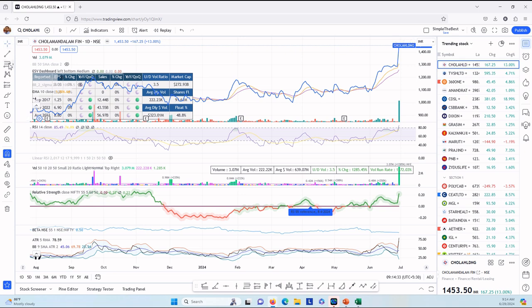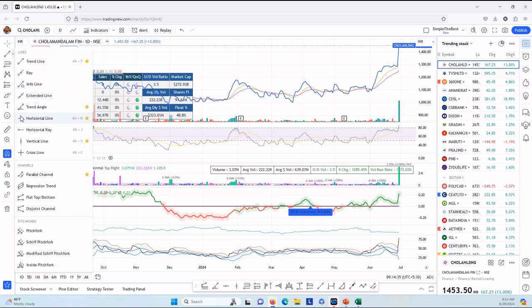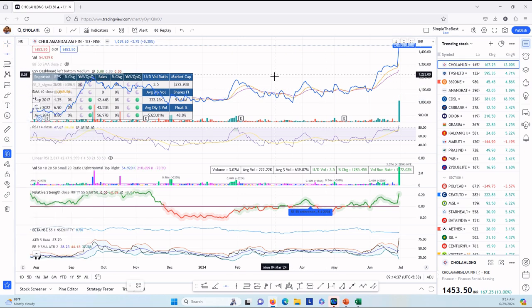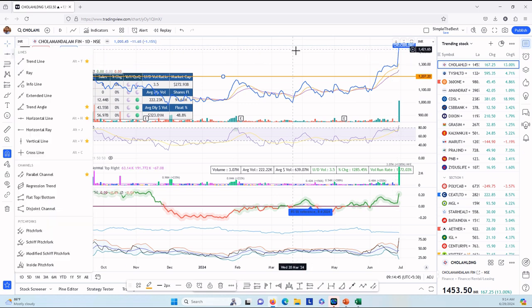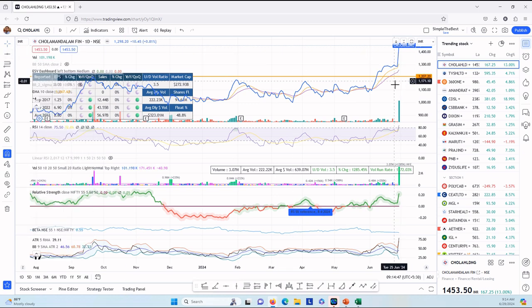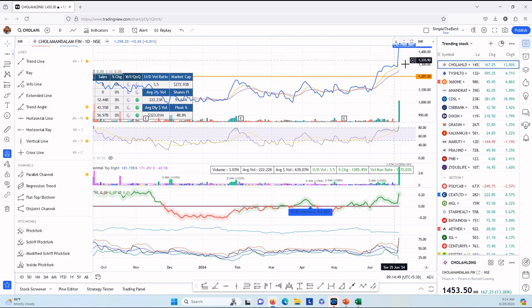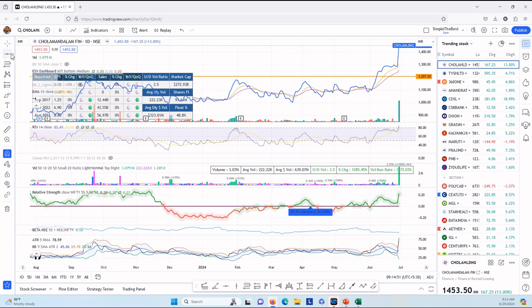This is the breakout. First I'll see the price behavior, then I'll look at other things. There is a breakout here and again here. If I see the risk reward, it's not in our favor, so I'll not go for this stock.